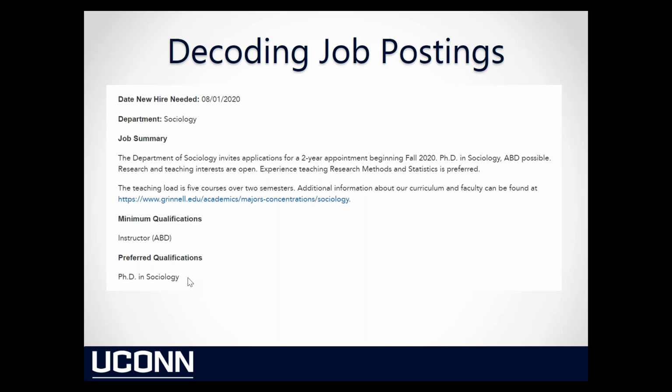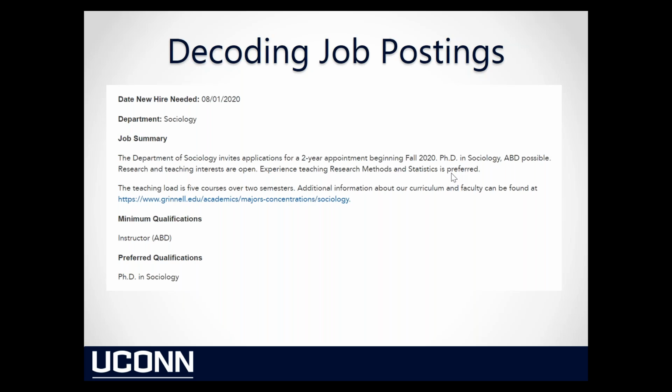So you can know that if you apply, the preferred qualification is the PhD, and that's really who your competition is going to be in one respect for this job. It says that research and teaching interests are open, and then it also says experience teaching research methods and statistics is preferred. So again, we see another couple of items here that are preferred.